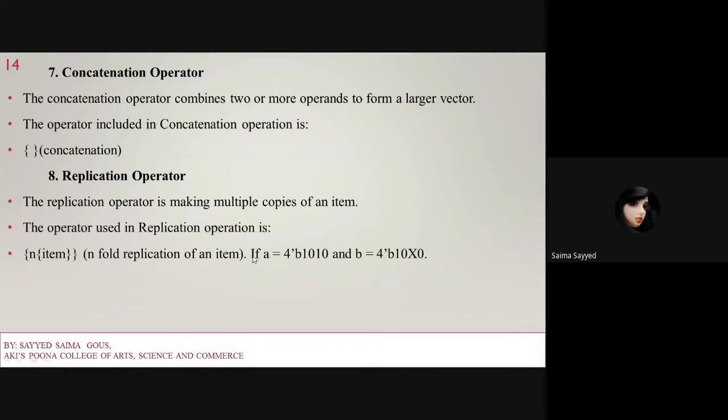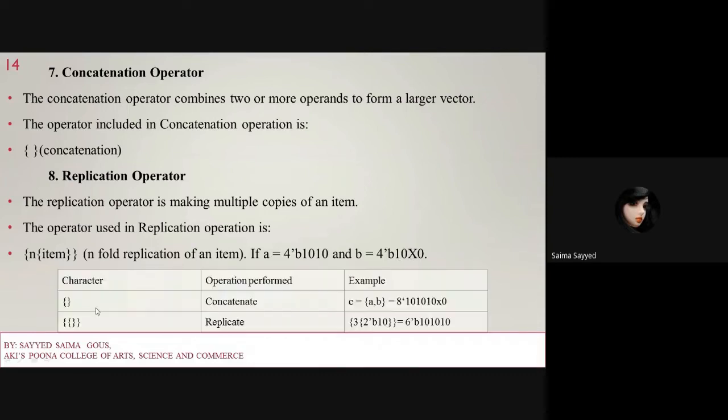Here is one example: if A is equal to the 4-bit binary number 1010 and B is the 4-bit binary number 10x0. We'll see the concatenation operator. What is the concatenation operator? It combines two or more operands. How does it combine? See, A is a 4-bit number, that is 1010, and B is also a 4-bit number, 10x0.